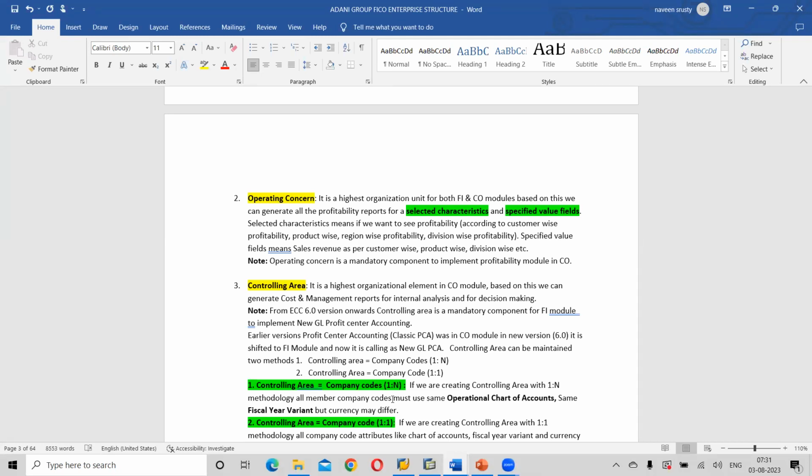When are we eligible to use the controlling area 1:n methodology?